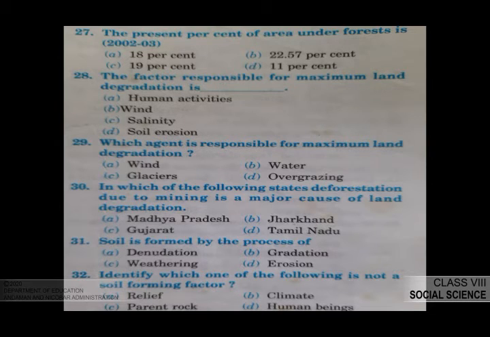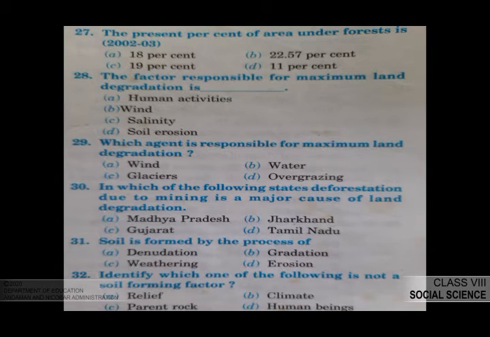Okay. Now you see your next question is, the factor responsible for maximum land degradation is, your options are human activities, wind, salinity or soil erosion. You have to choose the one best out of it. Okay. Now next question, which agent is responsible for maximum land degradation?